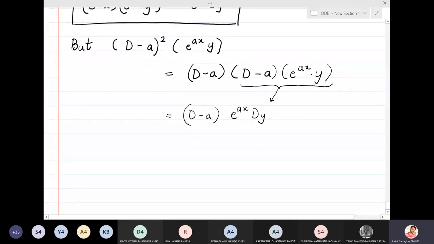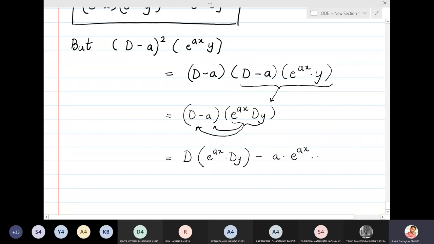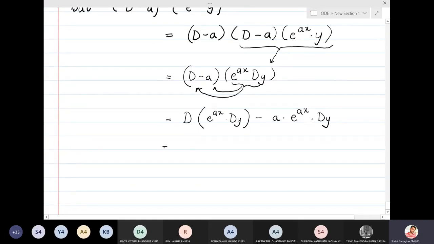Now I will again operate D minus a on this entire thing. So d of e raised to ax dy minus a e raised to ax dy. Dy means dy by dx, correct? Dy means derivative of y, which is equal to, again this is a product of two functions, so I will use the u into v rule.